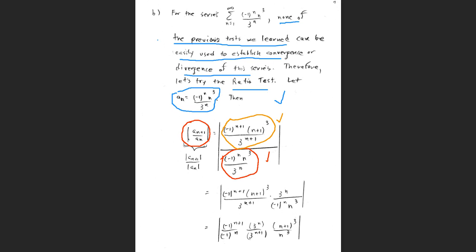And now what we want to do is find the limit of this ratio. But in order to do that, I have to simplify the ratio. You learned, of course, that if you have a over b divided by c over d, that just equals a over b times d over c, right?